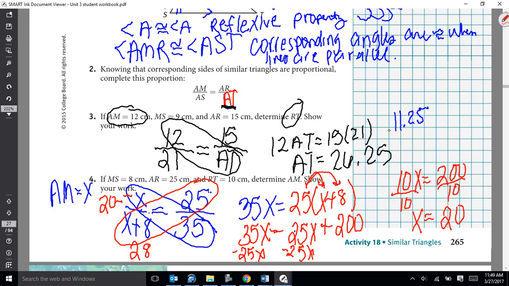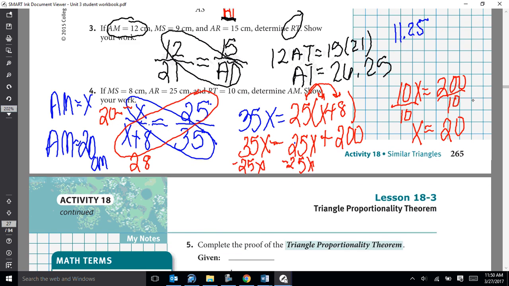All right, so AM equals 20. All right, how are we feeling so far?